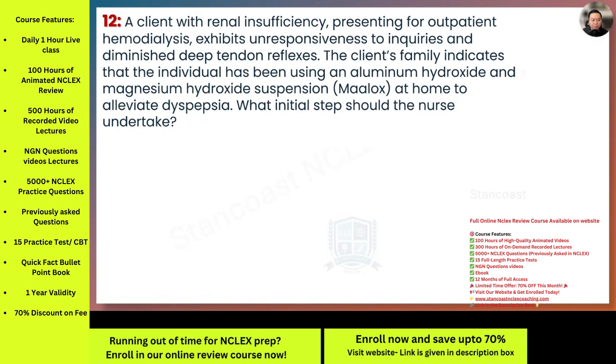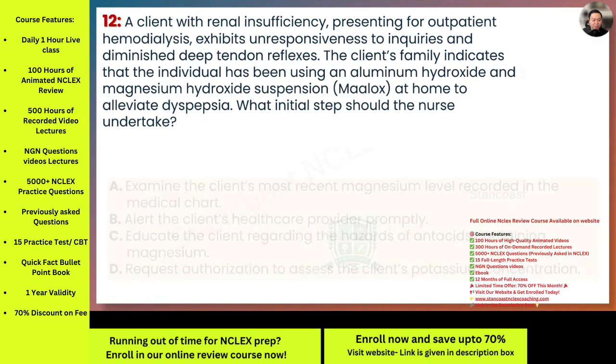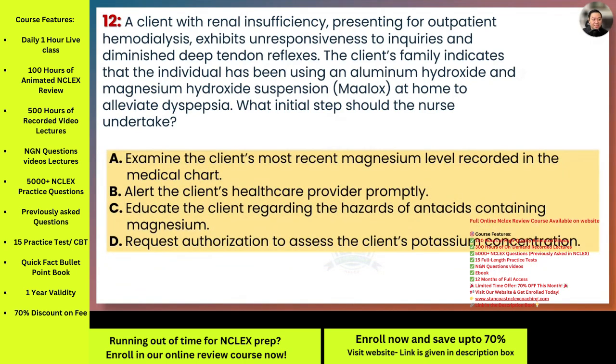What initial step should the nurse undertake? Options. A. Examine the client's most recent magnesium level recorded in the medical chart. B. Alert the client's healthcare provider promptly. C. Educate the client regarding the hazards of antacids containing magnesium. D. Request authorization to assess the client's potassium concentration. The answer is letter B.